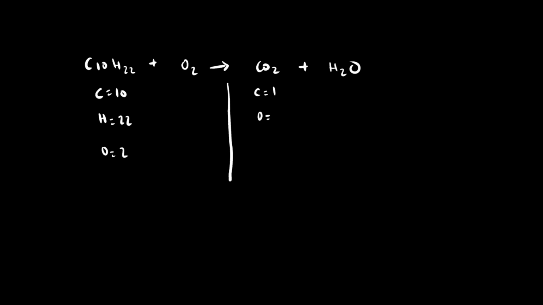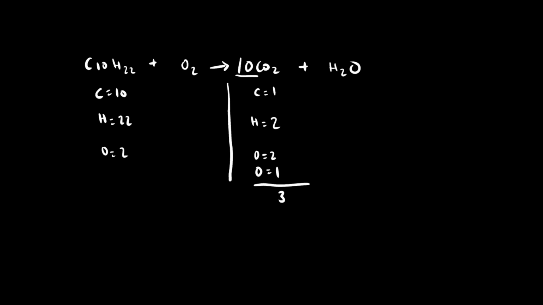So 2 oxygen followed by 1 oxygen, and then we have 2 hydrogen. Let's start by trying to balance the carbon. Least common multiple of 10 and 1 is 10, so let's introduce a coefficient of 10 in front of our carbon dioxide.